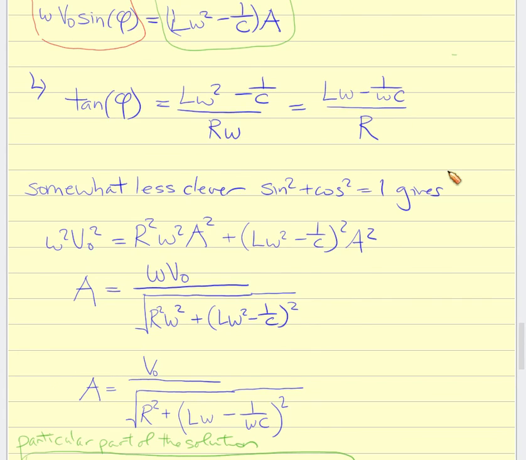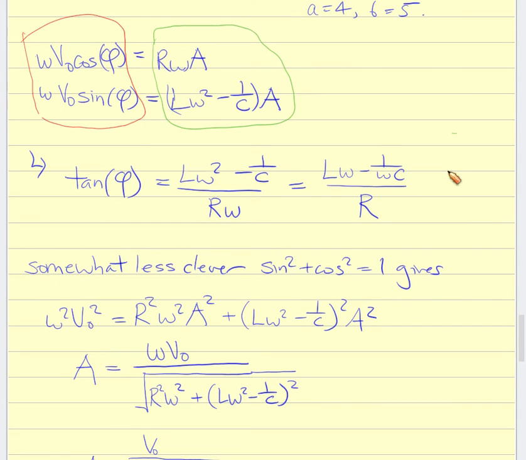And to get the unknown A, we're going to do something that's a little less clever than we did earlier, but we're going to use this sine squared plus cosine squared equals 1 trig identity. And so to use that, we're going to square both equations and add them together.